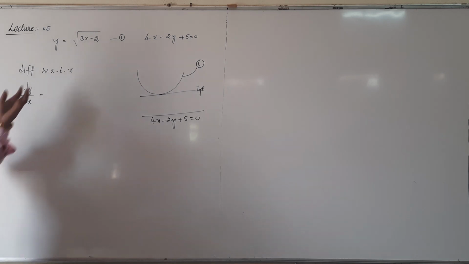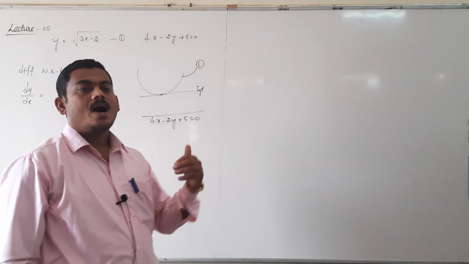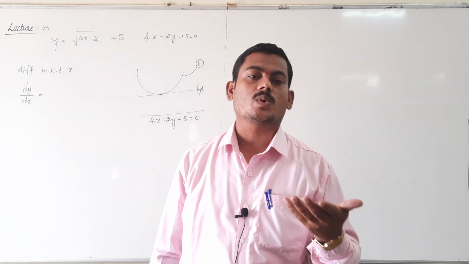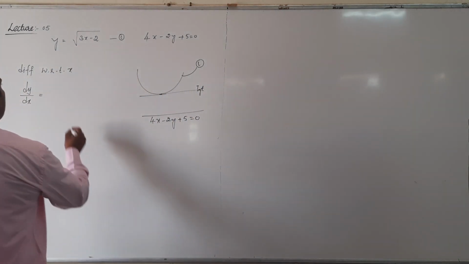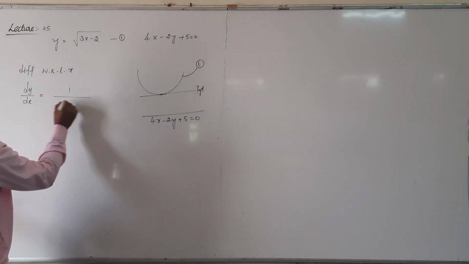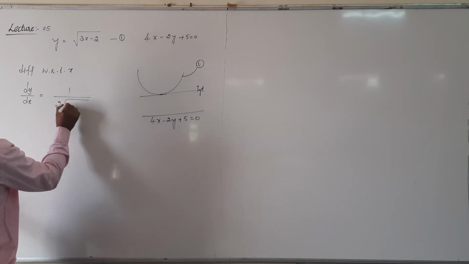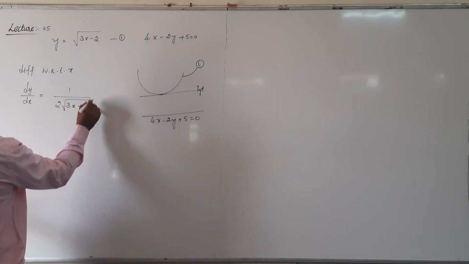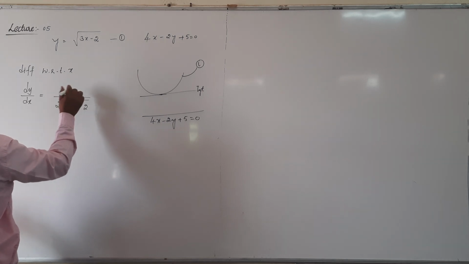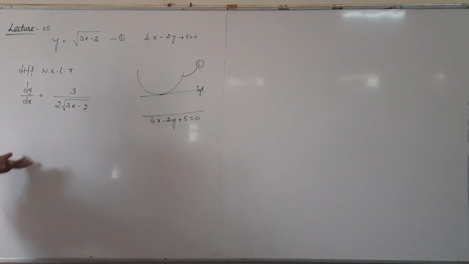In this case, use the chain rule. The outermost function is the square root. Root differentiation is 1 divided by 2 root 3x minus 2. After that, the inner function differentiation is 3 only. This is our dy by dx.